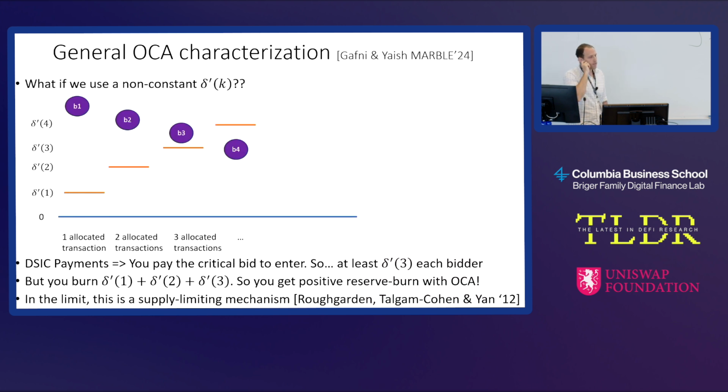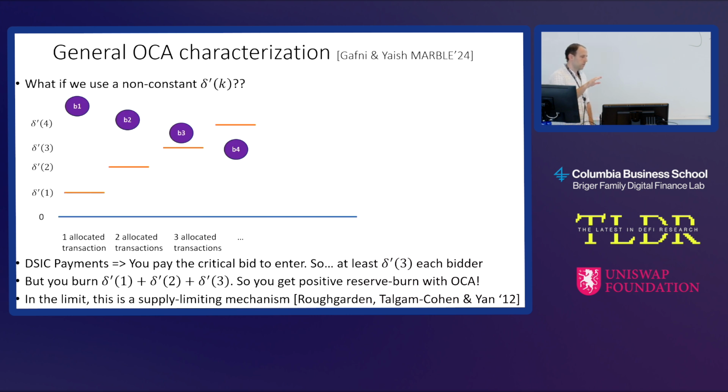What happens if we have a non-constant burn? Then something very interesting happens, because both the Bitcoin transaction fee mechanism and EIP 1559 have zero revenue in the uncongested case. So if the amount of transactions is such that you are able to accommodate all the transactions right now, the miner cannot make a profit.